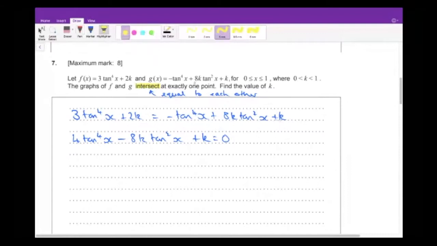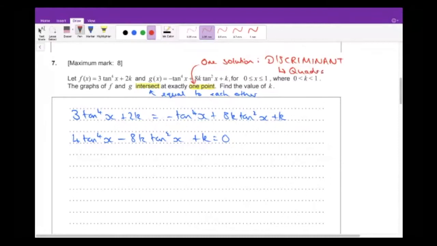Now the other bit of information we have is that they intersect at exactly 1 point. So looking at this information, that means that we've got one solution. Now, the only time we refer to the number of solutions is the discriminant. And we know that the discriminant only applies to quadratic functions. So we've got to try and look at this equation as if it were a quadratic.